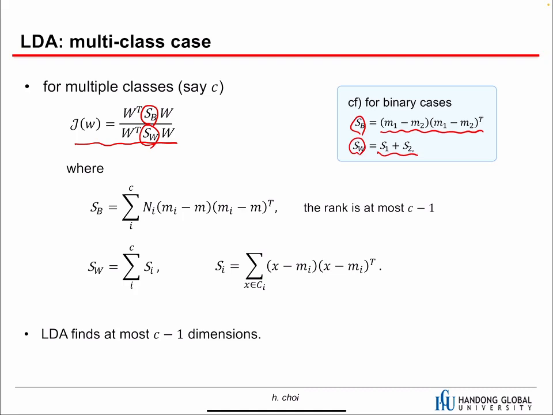In between scatter, we are just interested in the difference between M1 and M2 because we have only 2 classes. But for the multi-class case, SB is defined by this. Let's say we have 3 classes, then this one is M1 and M2 and M3.